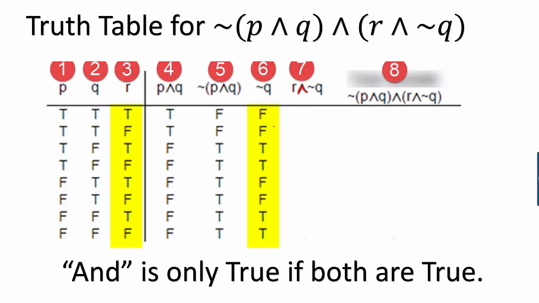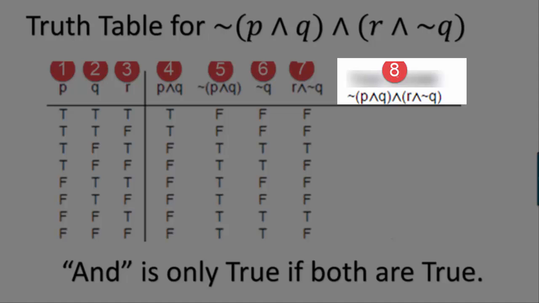So you're going to look through and see where in columns 3 and 6 you have 2 trues. For example, in row 3 we have a true and a true, and in row 7 we have a true and a true. And those are the only 2 places, so those will be the only entries that will be true and the rest will be false.